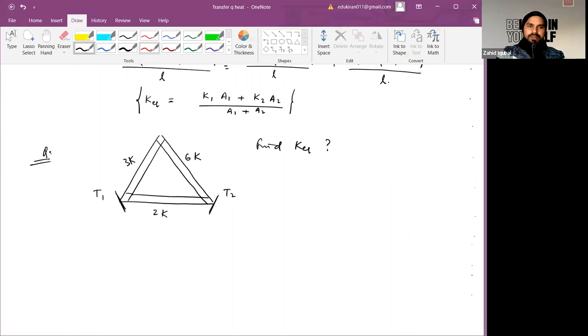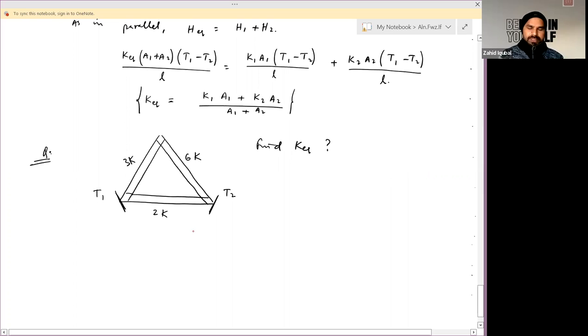So first, how to define which of these rods must be in series and which in parallel. Start from any one end of temperature, let's say from T1. There will be heat current along this way, let's say H. Since at this point there is a junction, there will be division of current along this path and along this path. Let's say H1 goes this way and H2 goes this way. H1, on reaching this end, since there is no further division, only a bending of the path, will remain H1.